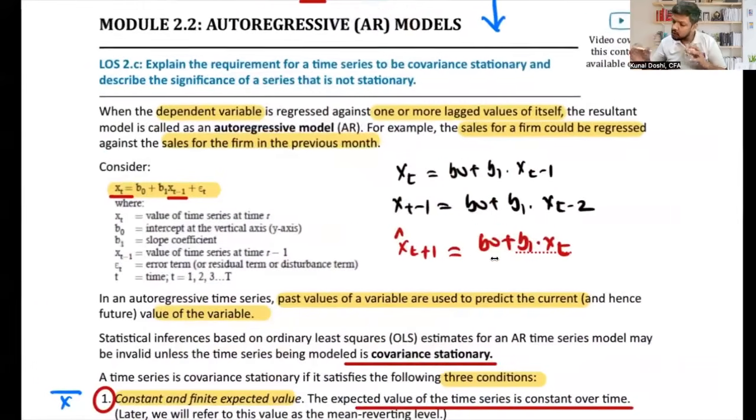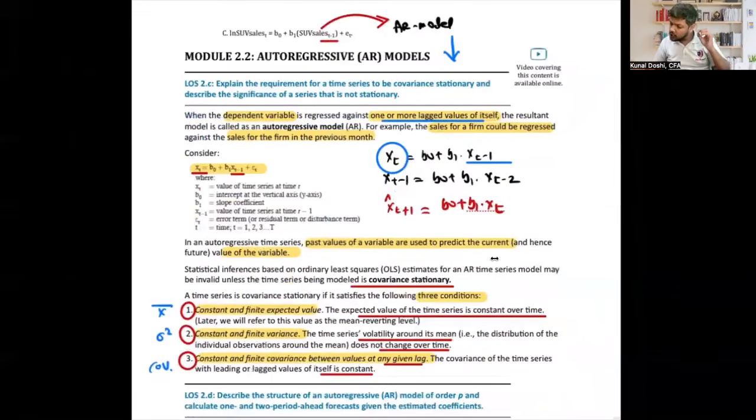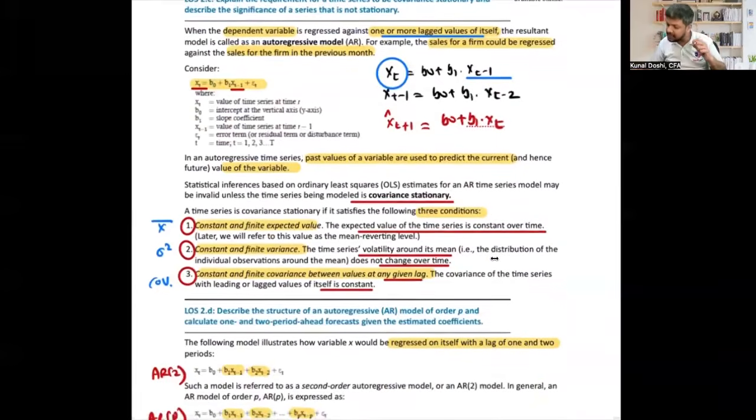These are models where the dependent variable is dependent on its own lagged value. So Xt is dependent on Xt's previous period value, correct? Xt is dependent on Xt minus 1, right? These are autoregressive models. Very, very important.